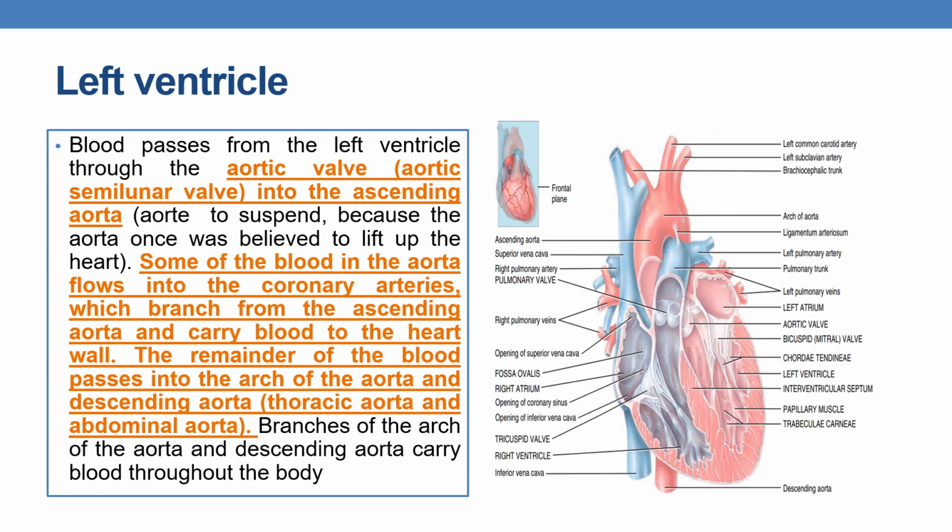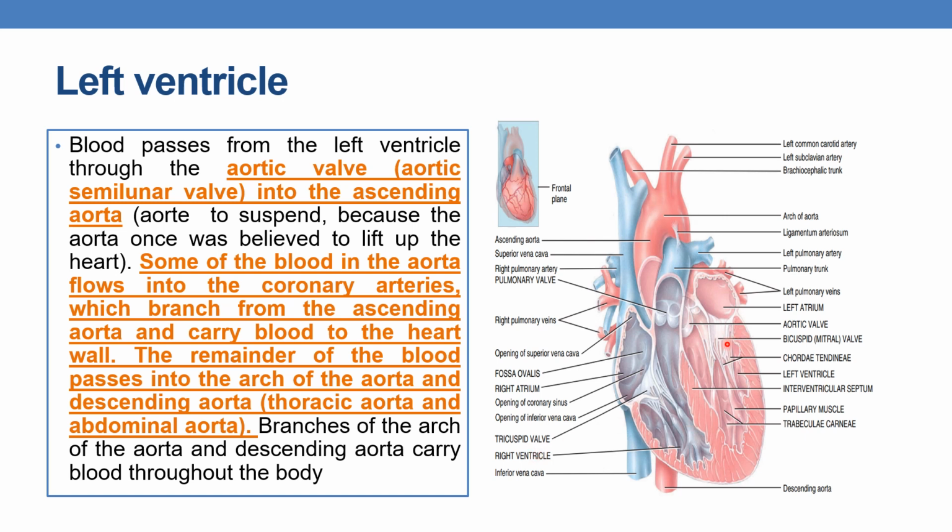Till now we have discussed all 4 valves. What are all 4 valves? First is the tricuspid valve, which allows the blood to flow from right atrium into right ventricle. Here you can see this is the tricuspid valve. The next is the bicuspid valve.